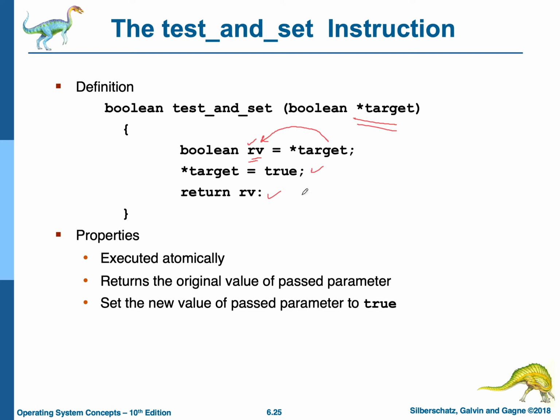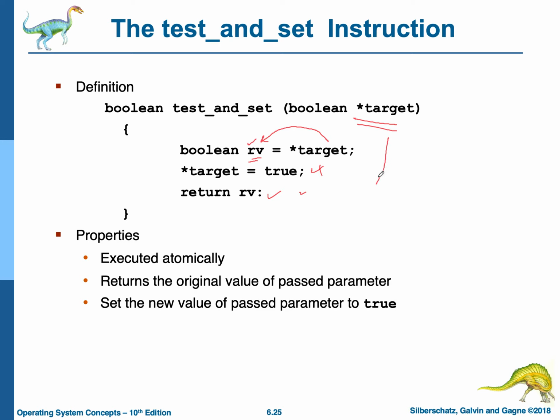So the original value is shifted to RV and the target has changed. It means that if this instruction is in use by some other processes, it can still retrieve the same value. So this is the target test and set value.